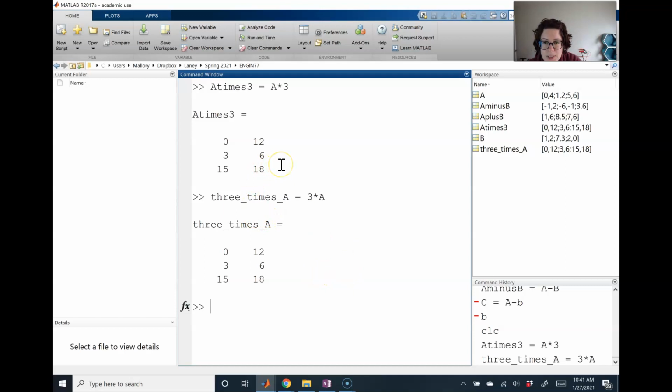So that was matrix addition, matrix subtraction, and multiplication by a scalar value. Note each time for addition and subtraction, our matrices have to be the same size. If we try to add or subtract matrices of different sizes, we get errors, and there's a page after this one where I talk about common errors that you will see with our matrix operations.